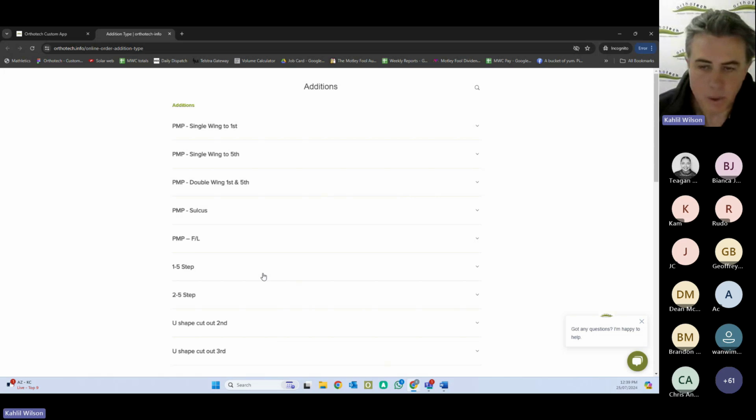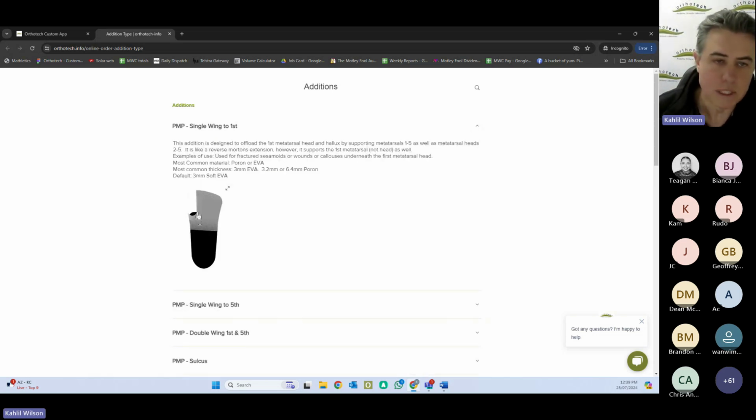So what we're doing with the single wing PMP, and you can go in here and have a look at them, is it's like a reverse Morton's extension. We're supporting met heads 2 through 5, but we're also creating a support for the first metatarsal itself. So again, we're dorsiflexing the first metatarsal, taking the sesamoids off the ground, and we're creating this deflection for the first metatarsal head.